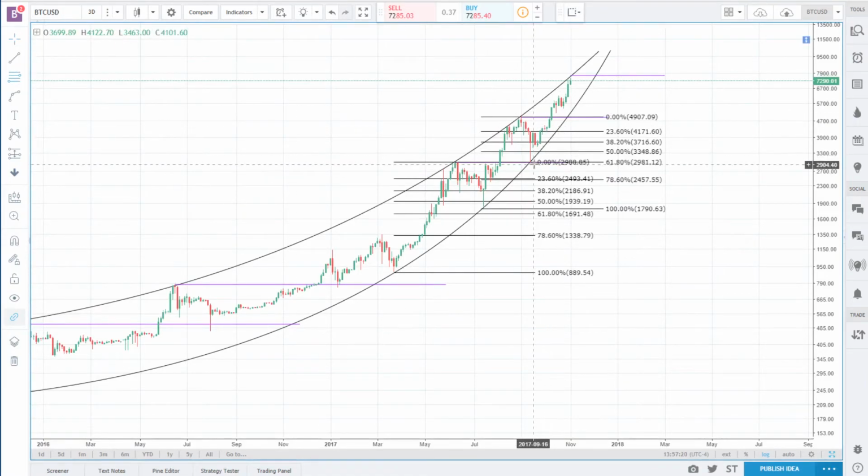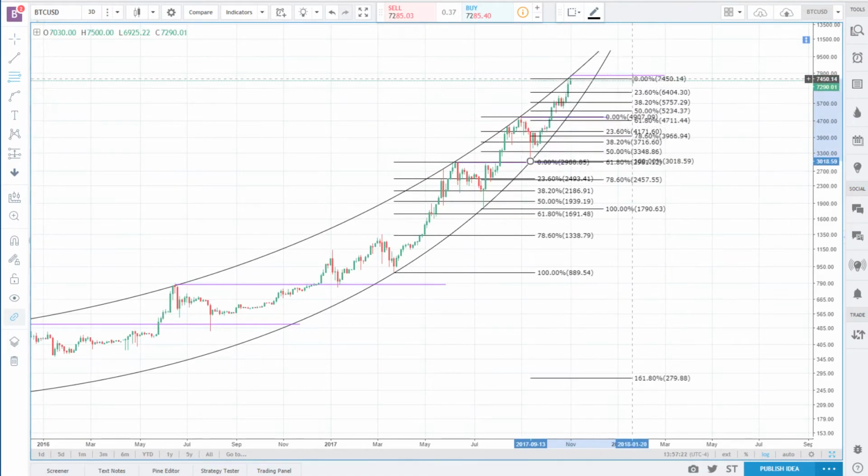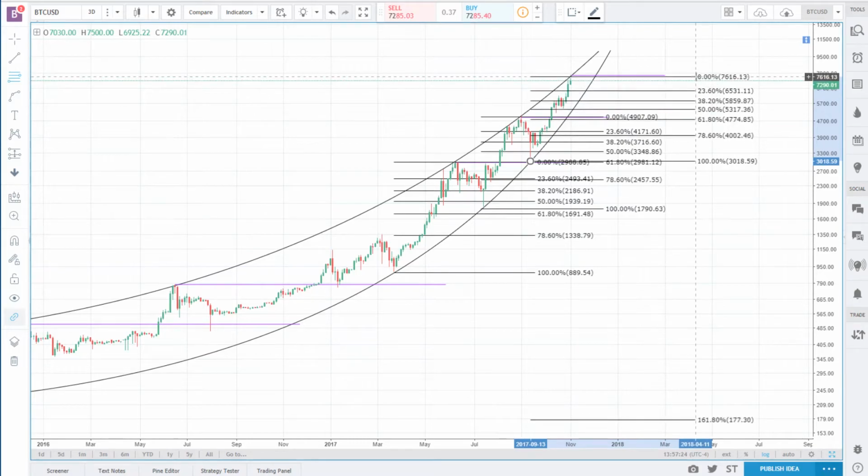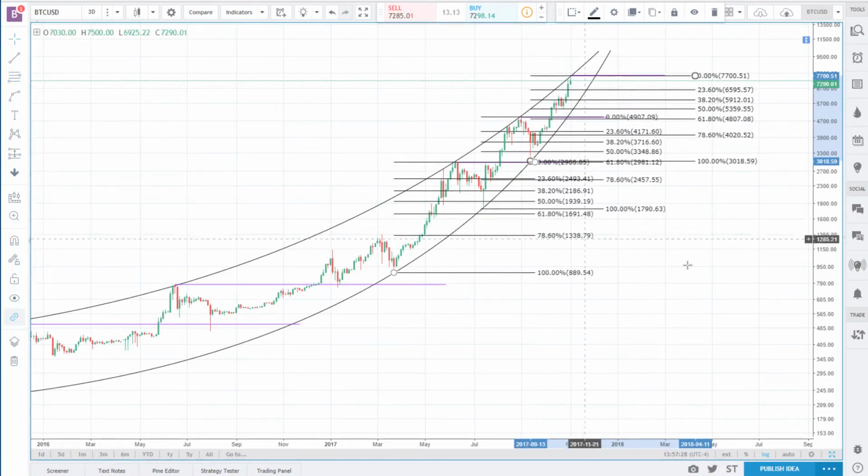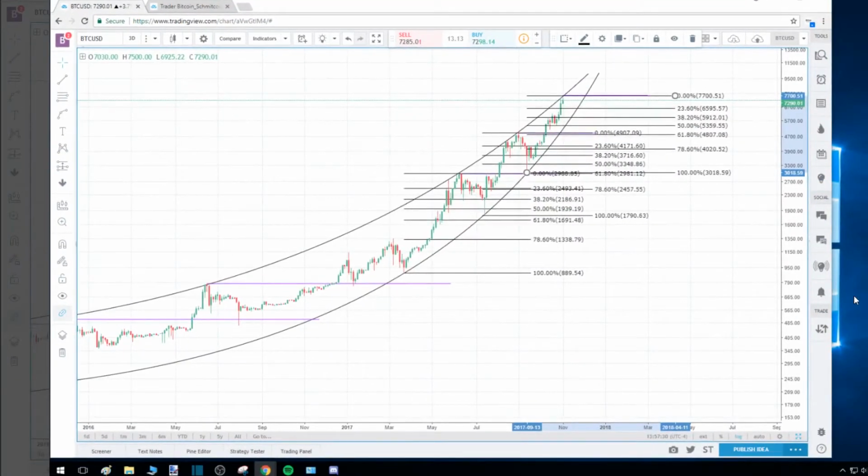We go from here to here. This is where I start to lose my confidence in its ability to ping off the bottom here, because Bitcoin loves to make 50 to 61% retracements, somewhere in these little zones. 50 to 61% retracement, 50 to 61% retracement, and once more 50 to 61% retracement.